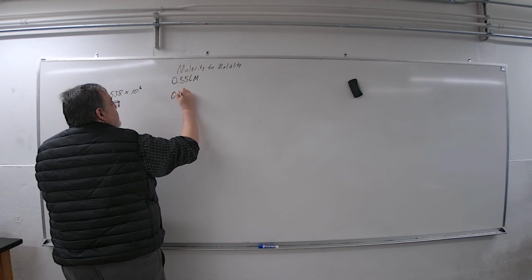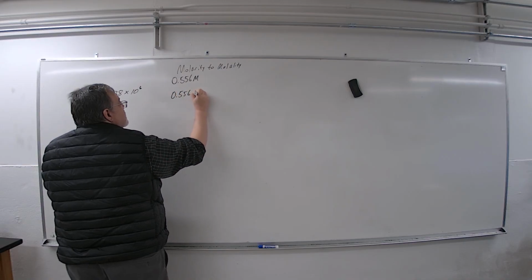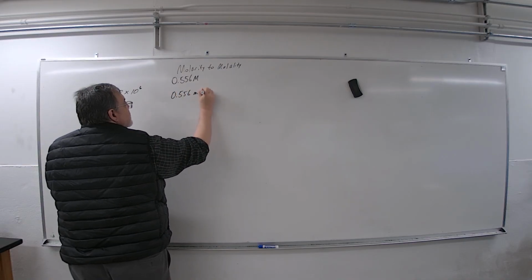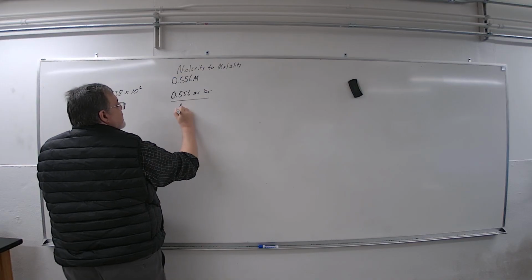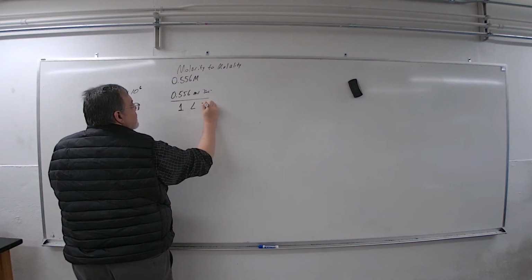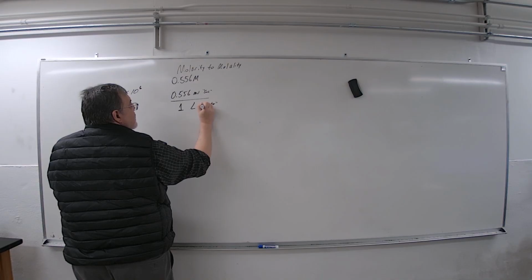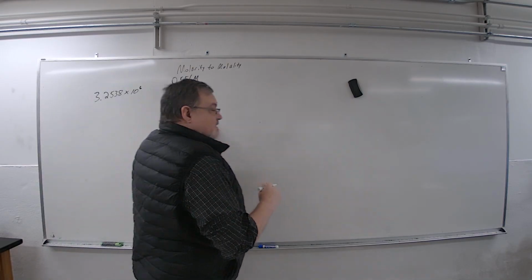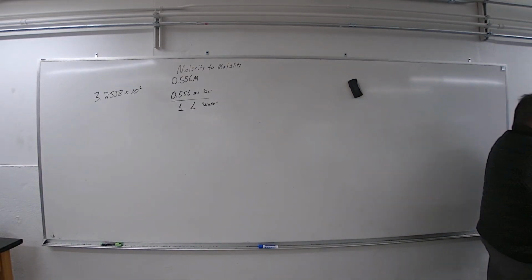That means 0.556 moles of sucrose in 1 liter of water. That's what the 0.556 means. That's molarity. Seen that before.